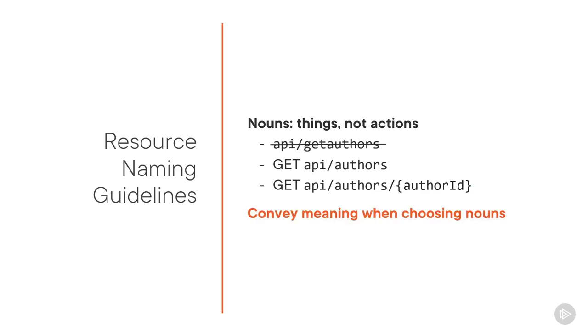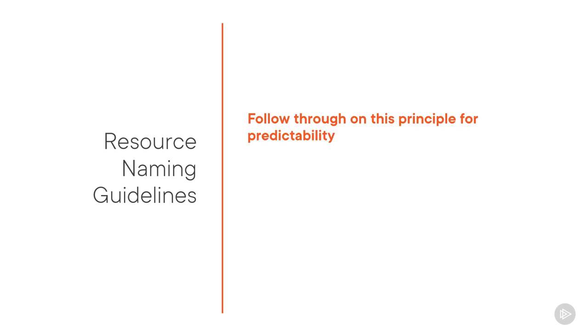Using these nouns conveys meaning. It describes the resource. So we shouldn't call a resource orders when it is in fact about authors. This principle should be followed throughout the API for predictability. It helps a consumer understand the API structure. If we have another non-hierarchical resource, say employees, we shouldn't name it API/something else/employees.